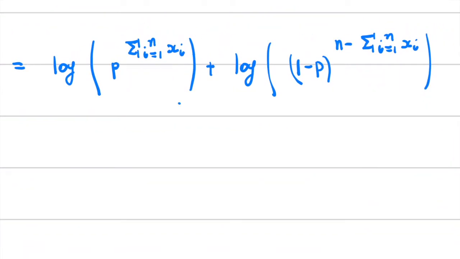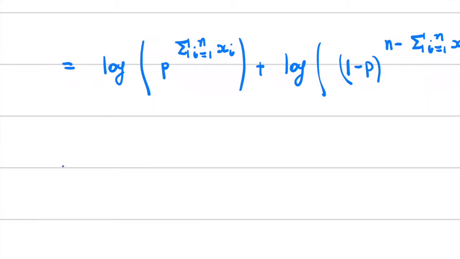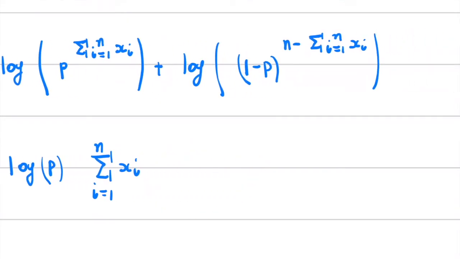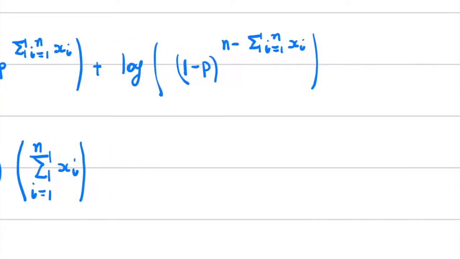Because we've got p to the power, remember those powers can come down the front. So I'm going to write that as log p times the sum from i equals 1 to n of xi, and I'll put that in brackets just to be clear. It's log p times all of that. And the same thing can be said here. Here is the power, and we're going to bring that down the front, plus the log of 1 minus p.